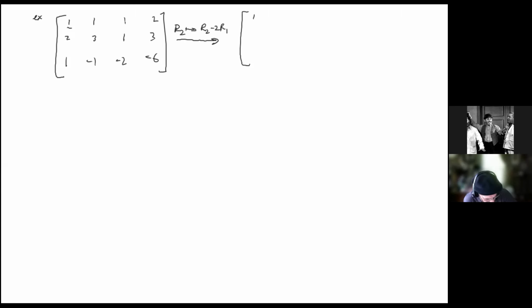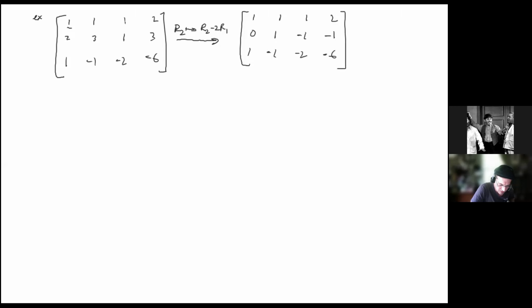Row 1 and row 3 stay the same, but row 2 becomes 0, 1, -1, -1. Is that right? Yeah, 3 minus 4 is -1, this is correct. And then we get 1, -1, -2, -6. Okay, so that's the first step.